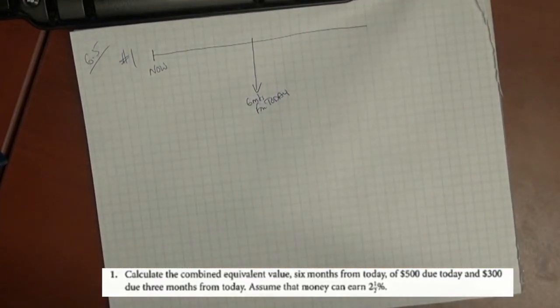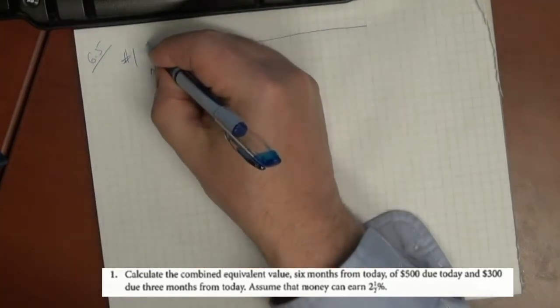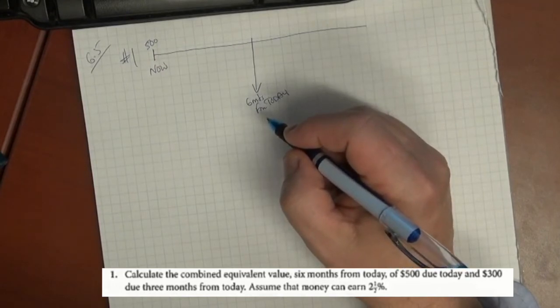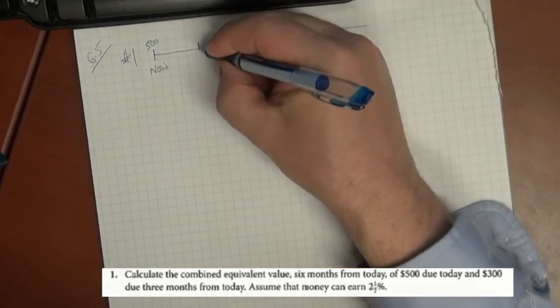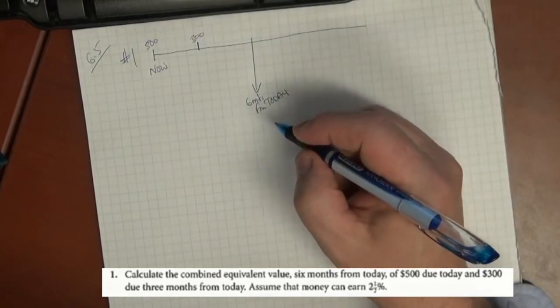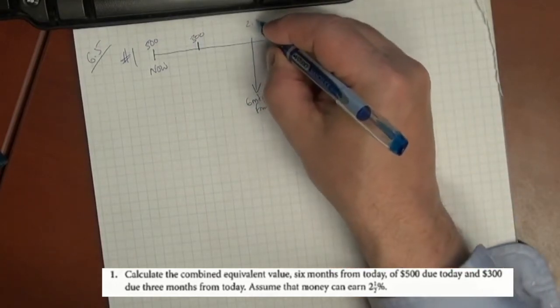So there's $500 due today, and $300 due in 3 months from today, at 2.5%.